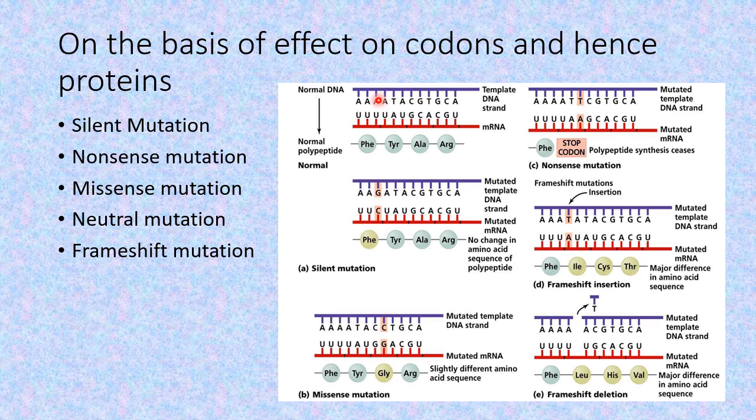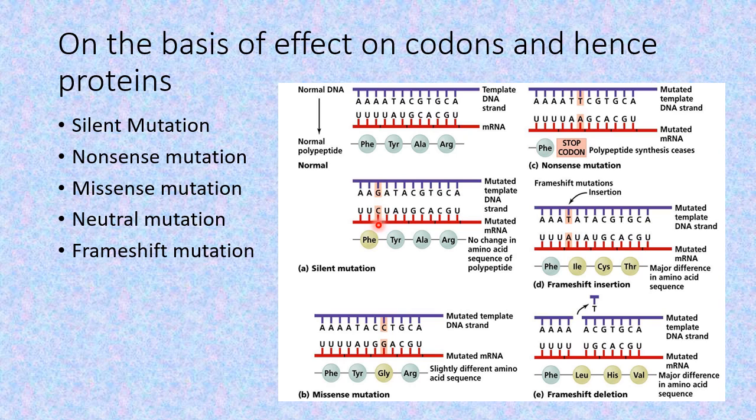So if a single nucleotide, this adenine, is replaced by guanine, and we know that guanine, when it is transcribed to form the messenger RNA, will form cytosine. So instead of the first genetic codon UUU, now this triplet code is UUC.